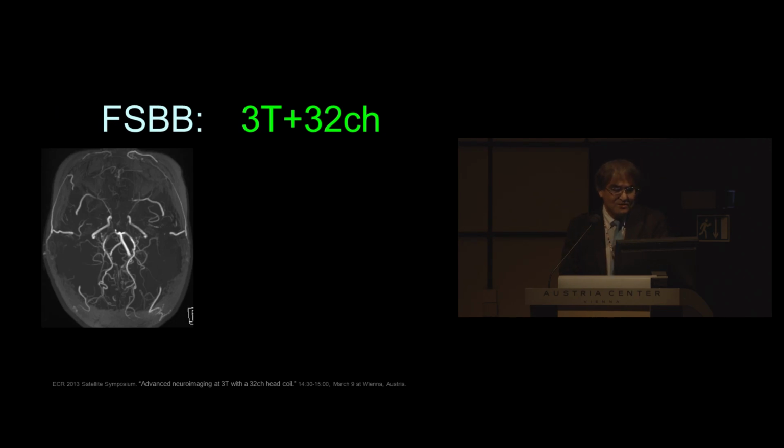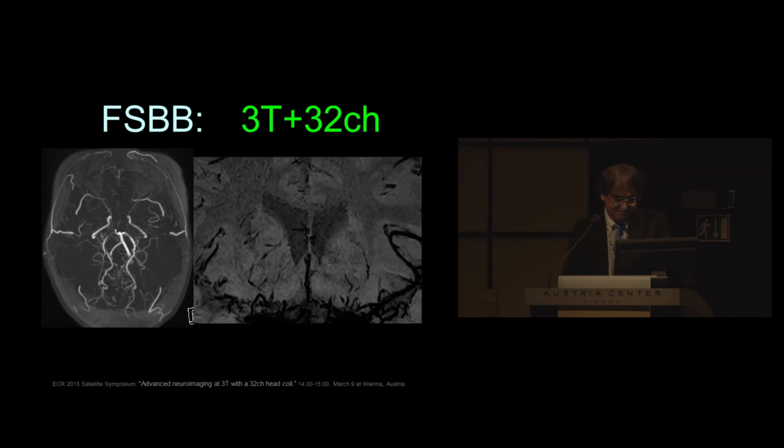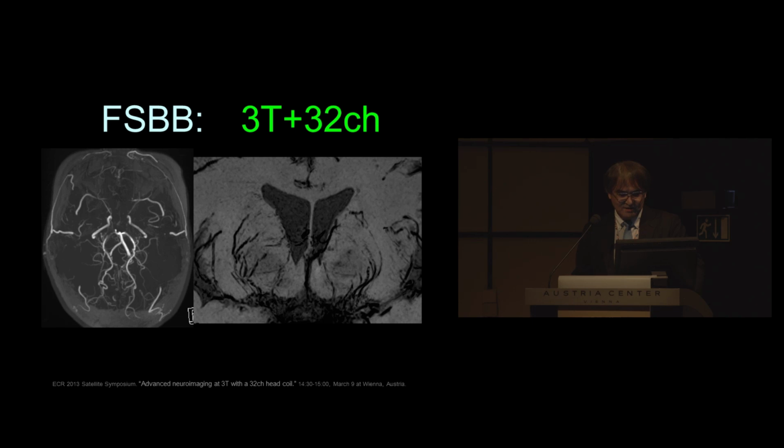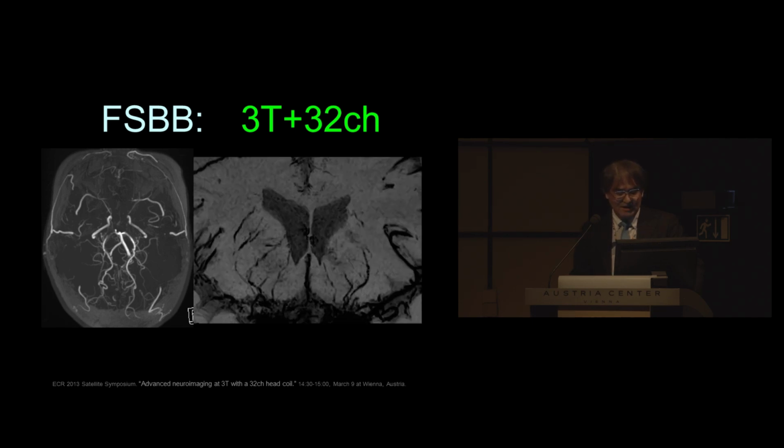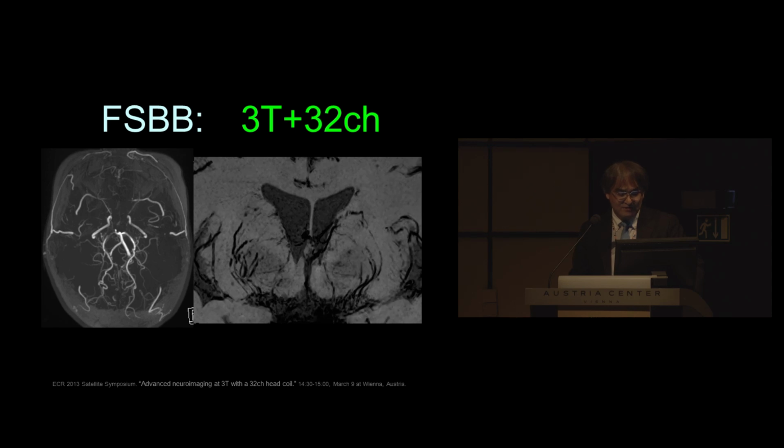Well, what about FSBB at 3T with a 32-channel head coil? This is a case of moyamoya disease. So you see, no middle cerebral arteries are visualized. What happens if you observe it with FSBB? You see very well dilated arteries and many branches are visualized.